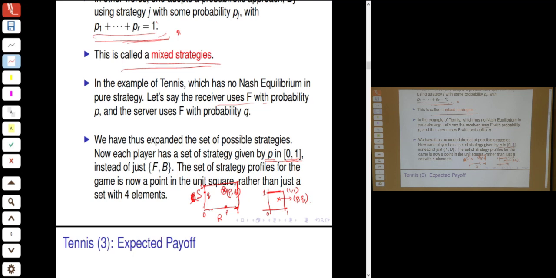So, this is the unit square, if you may recall, and the strategy profile is now calibrated by a point in the unit square. And since P and Q can range anywhere between 0 and 1, all possible points inside the 1 by 1 square are valid. So, the strategy profiles for the two players are in one-to-one correspondence with the points inside the 1 by 1 square.